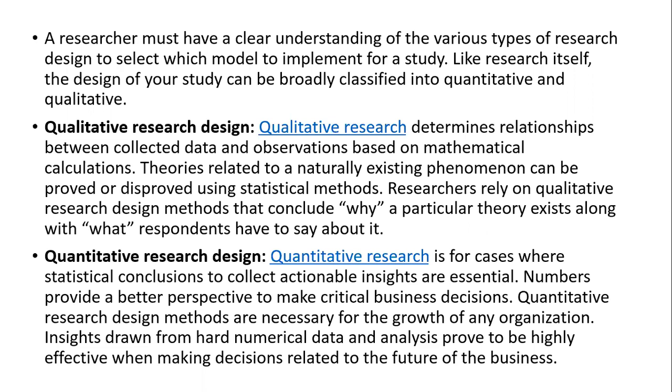If any theory has come up, a model that has been generated, we can disprove it with the current situation or trend also, and it might be that the research was done for the earlier market, not for this market. So here researchers rely on qualitative research design methods that conclude why a particular theory exists, along with what respondents have to say about it.